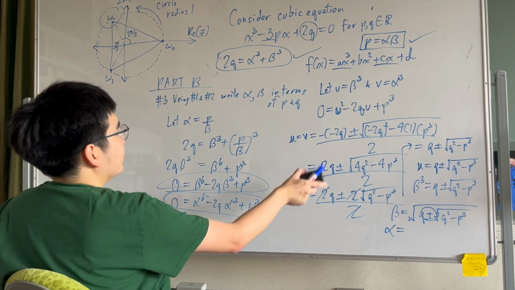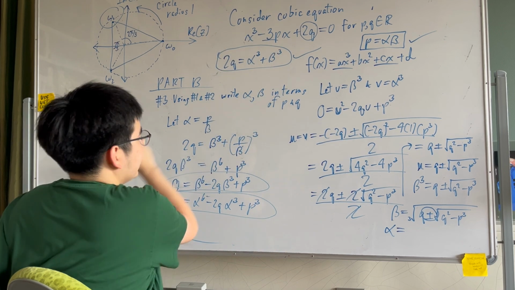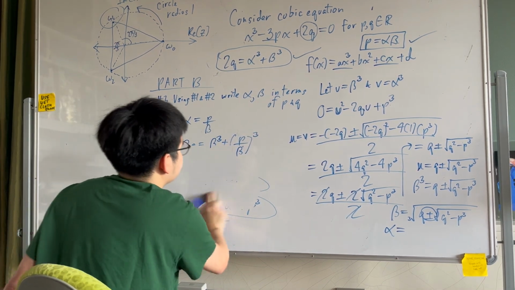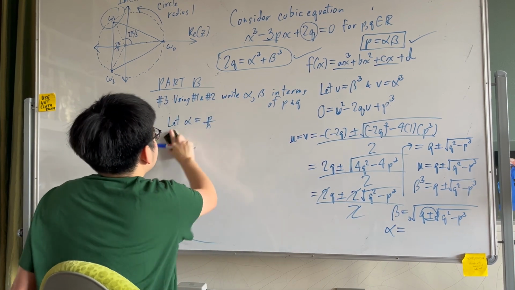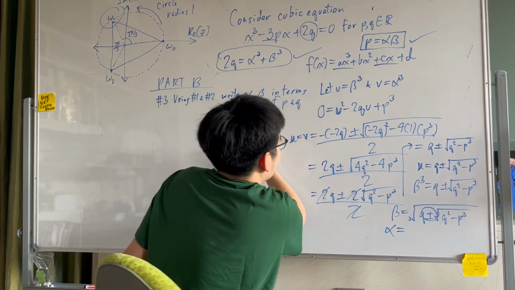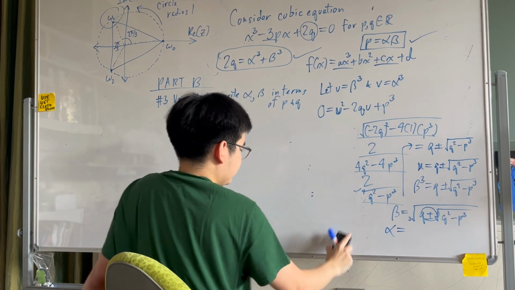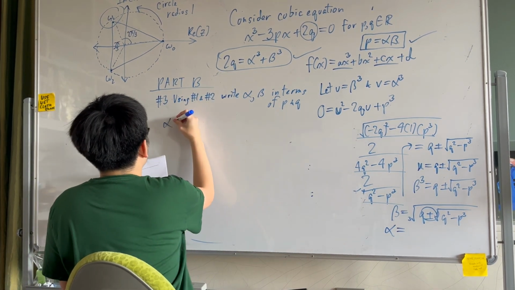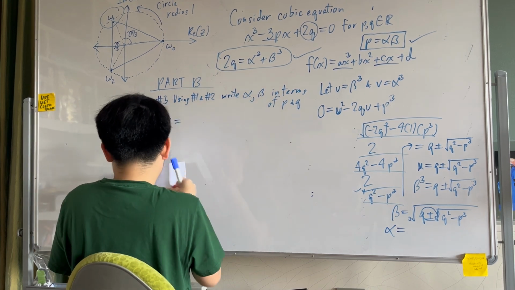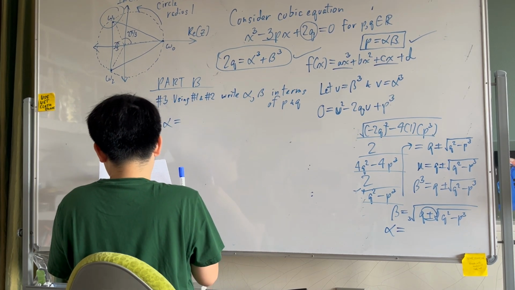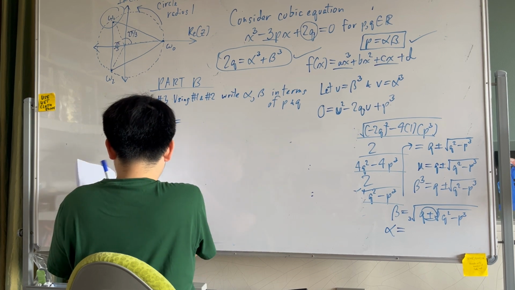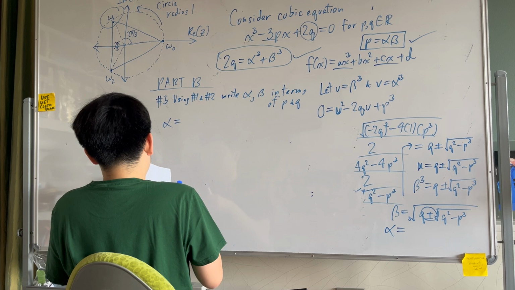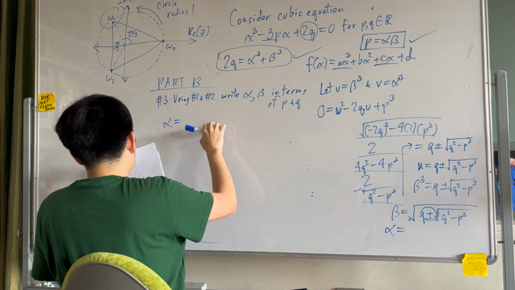So in total, through this big giant substitution, we end up concluding that, remember, you can only assign the plus or minus to one root.